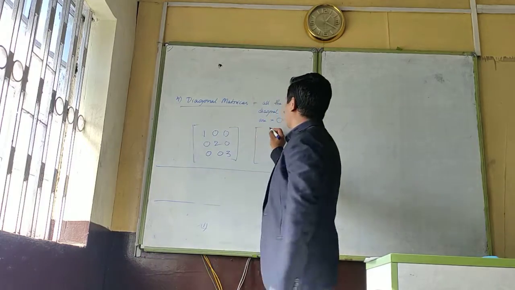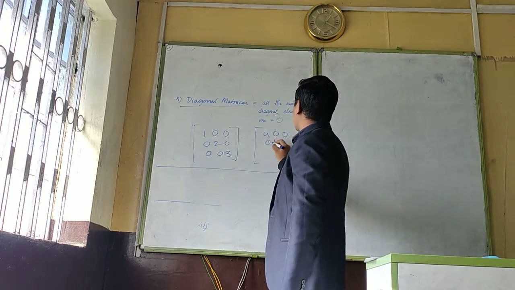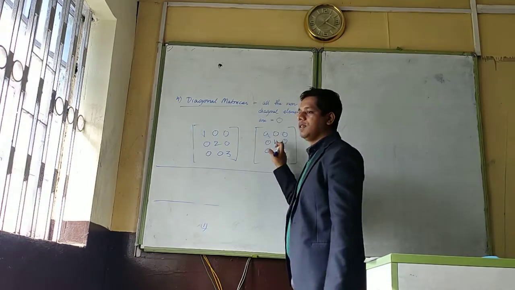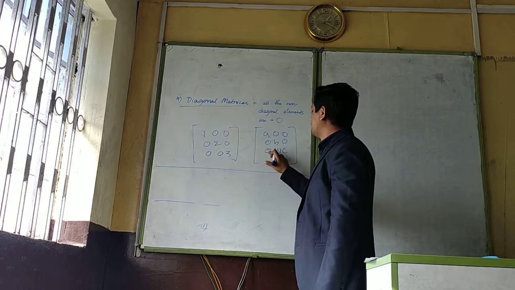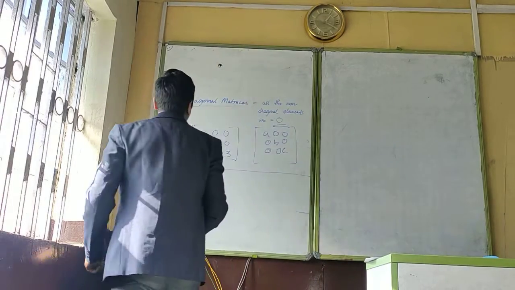Let's see one more example. Out here also we can see A, B, C have been arranged diagonally, but all non-diagonal elements are 0. This is the main condition.